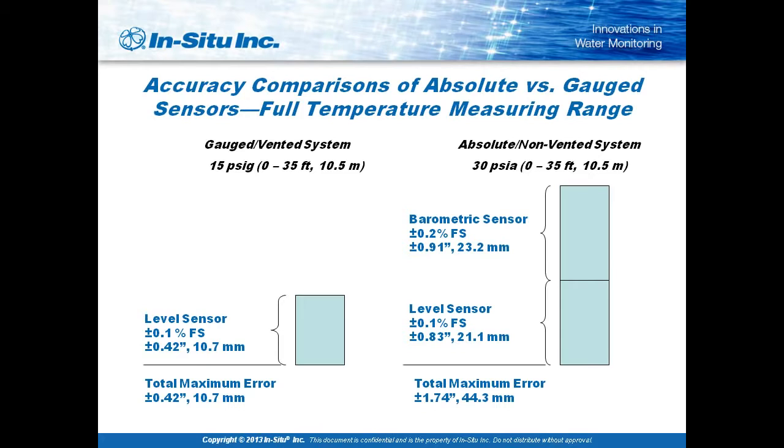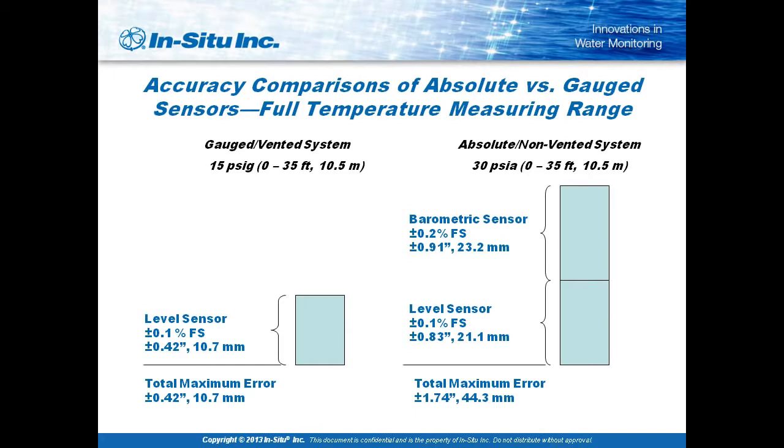So while it may have a range that covers that 15 PSI, there's actually another 15 PSI of range on the sensor itself, because it has to accommodate that barometric pressure. While they're identical in terms of the nominal range, the actual functional range on a PSIA sensor is twice as great. That means the inaccuracy is twice as great.